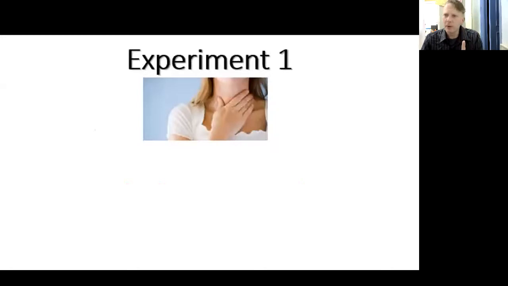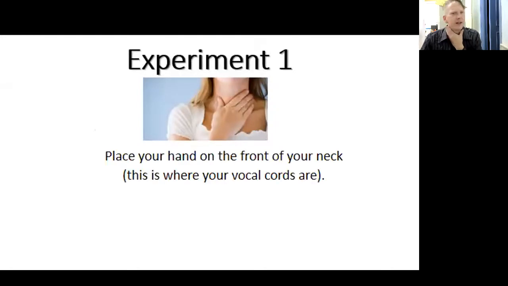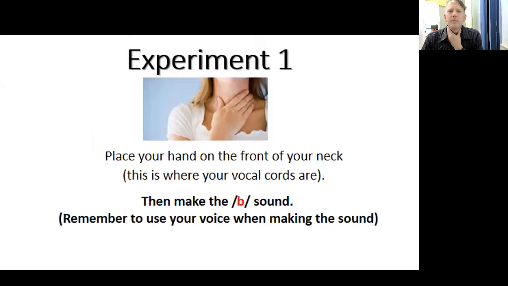Okay, experiment 1. Put your hand on your throat, just like this, around your neck, where your vocal cords are, and then make the B sound, okay? Remember to use your voice, though.